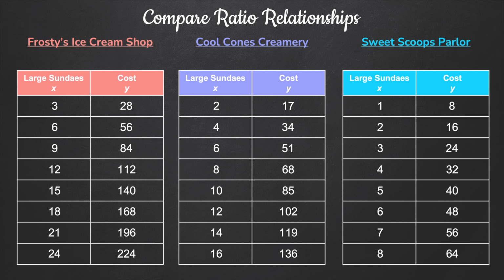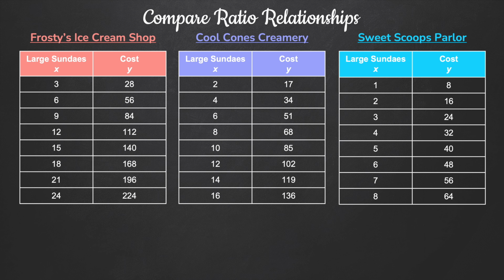So if we take a look at these tables individually, they're all increasing by different numbers of large sundaes depending on the possible specials.